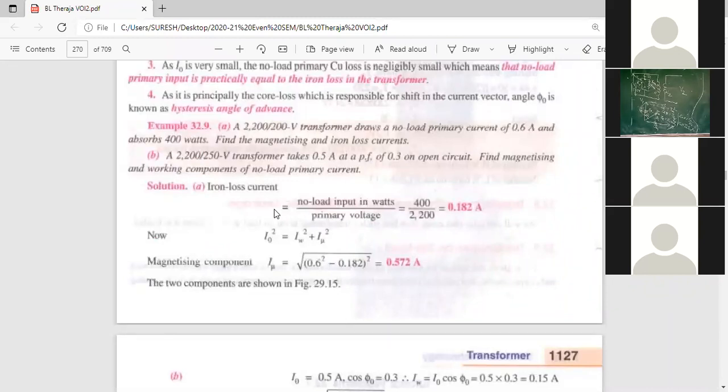Okay, take down this problem. Write in the question.